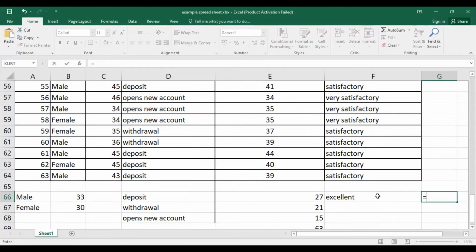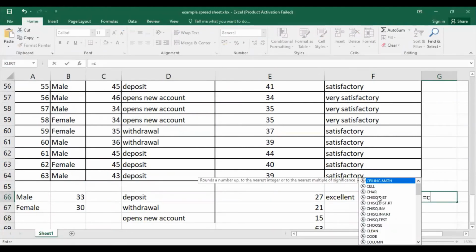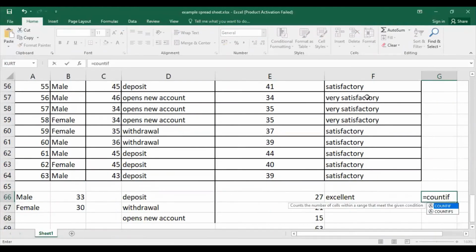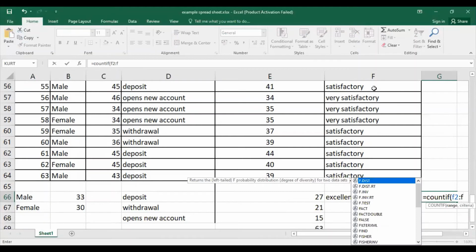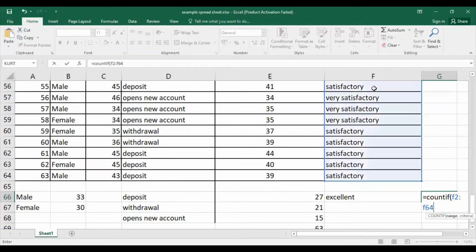So we have Countif. Again, our range starts from F2, column F, row 2, up to column F, row 64. And then comma, our criterion is excellent.